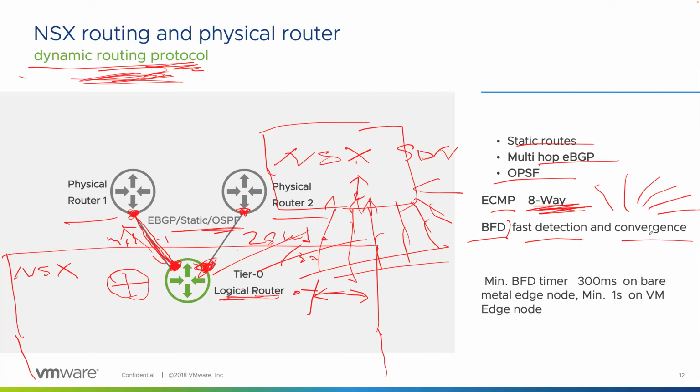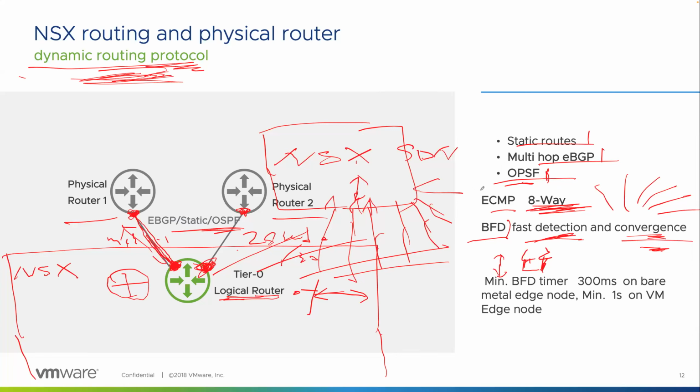When they talk about convergence and detection, these are 2 things. Detection means a physical failure happened on the underlay layer, for example, a layer 1 failure, layer 2 failure, a switching failure, or a link failure. So how do we detect it quickly? And when it comes to convergence, we have to call on the dynamic routing protocol, for example, OSPF.